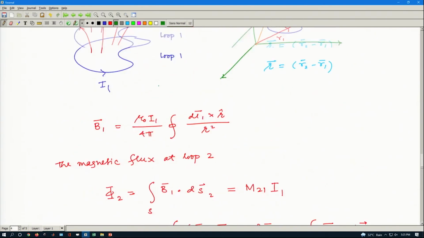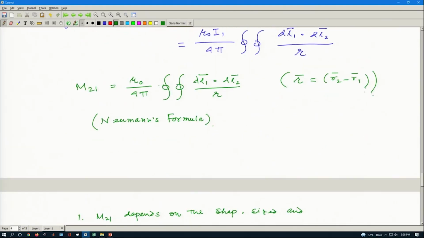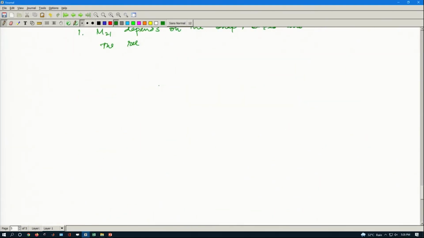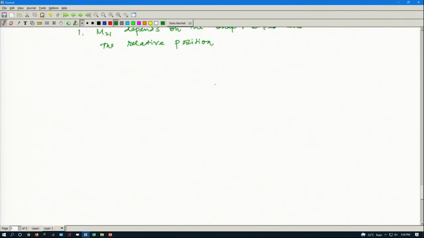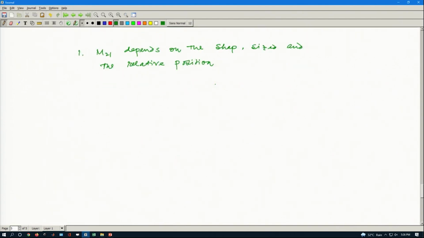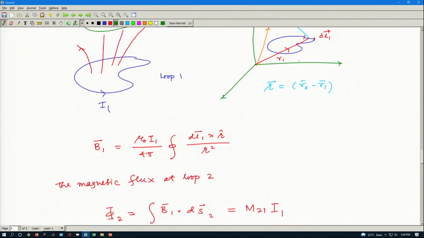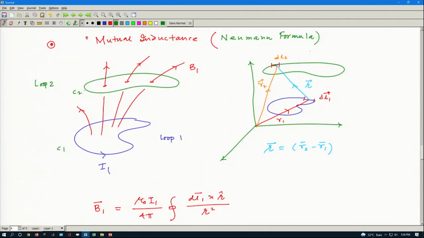How the two loops are distributed and what the relative distance between these two loops is are important to calculate M21. So M21 depends on the shape, size and relative position of C1 and C2. C1 and C2 are two loops. Say this is C1 and this is C2.